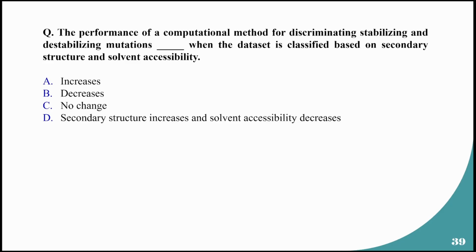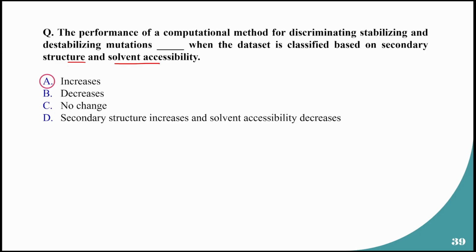Now here again the question was asking about the performance of a computational method for discriminating stabilizing and destabilizing mutations. What happens to that when the dataset is classified based on secondary structure and solvent accessibility? Of course, the more nuanced the classification is, the better your computational algorithm will perform, right?